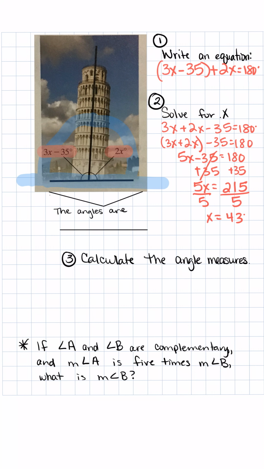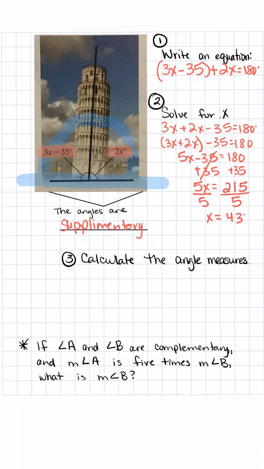That does not tell us what the angles equal. Oh, and we didn't fill this out. The angles are supplementary. So the third part of this process is to solve the angles.